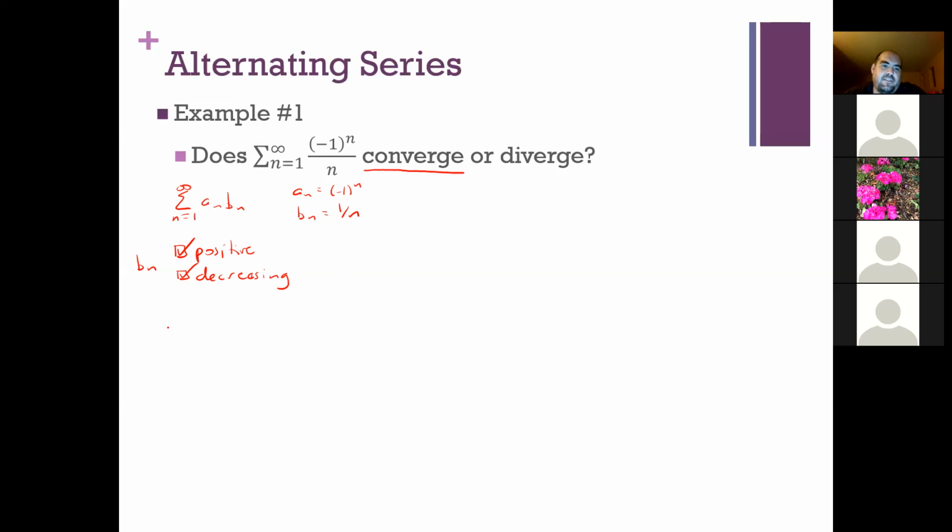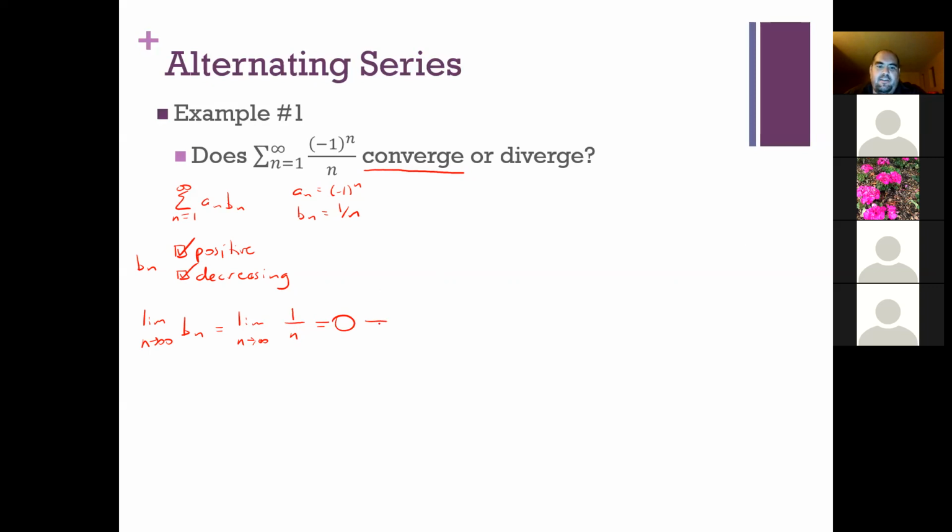So all I really need to know is this: what is the limit as n approaches infinity of b sub n? And we've taken this limit a few times, so we know very well that this limit is 0.